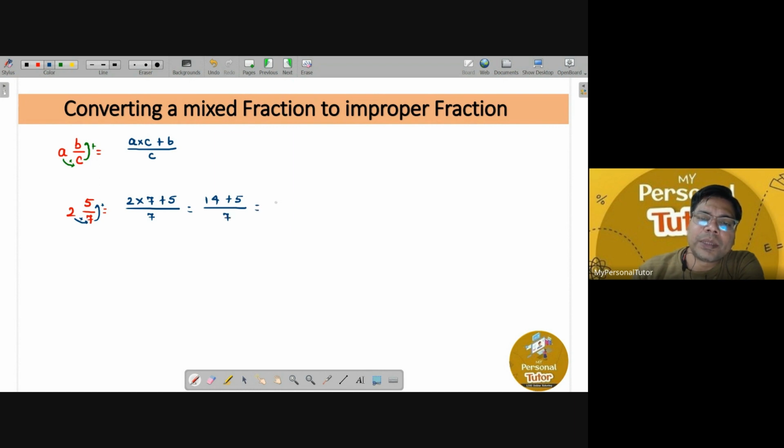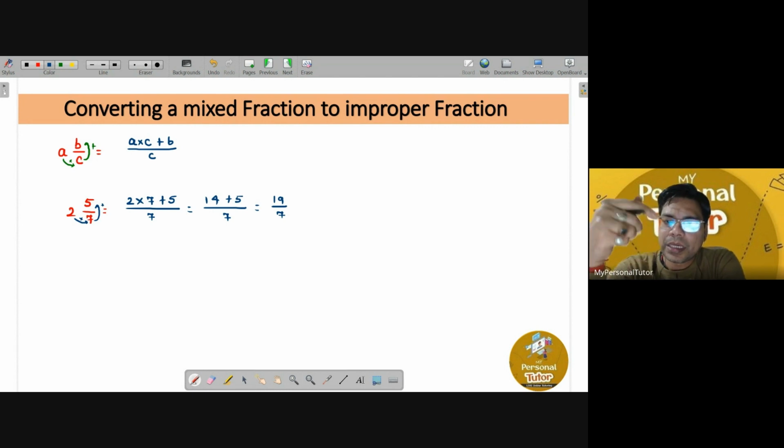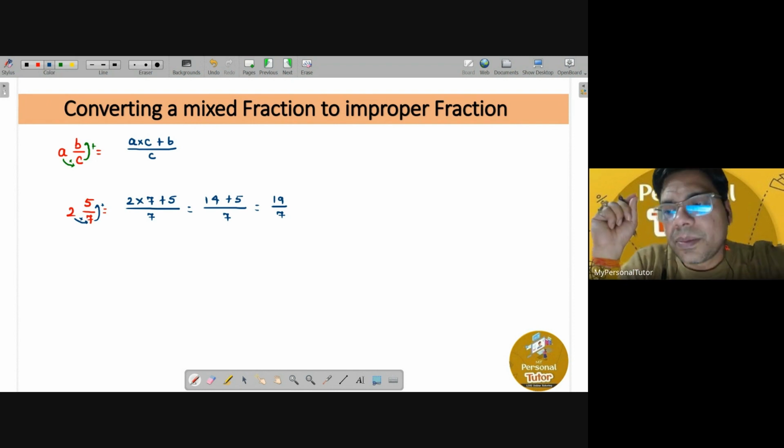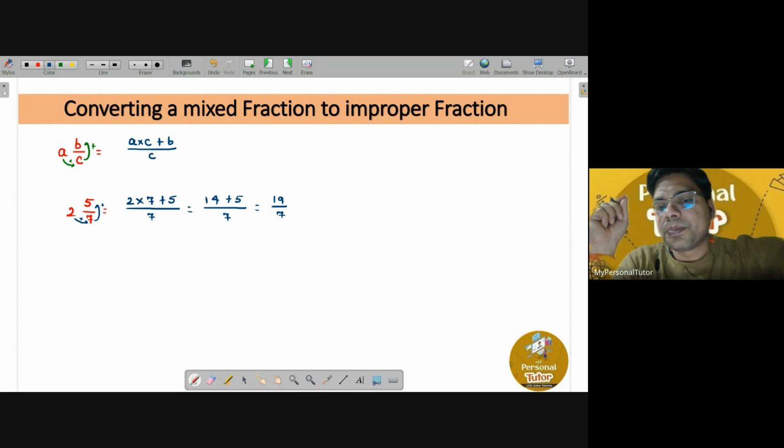That is 14 plus 5 is 19, 19 over 7. It means that the mixed fraction 2 5 over 7 can be converted into the improper fraction 19 over 7. Please grasp this concept. I will take another example then.